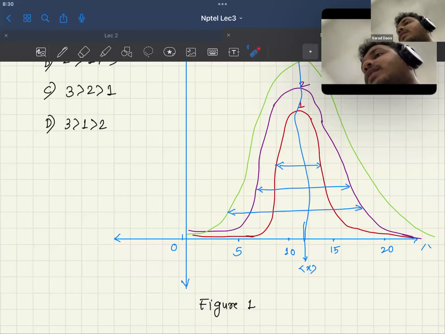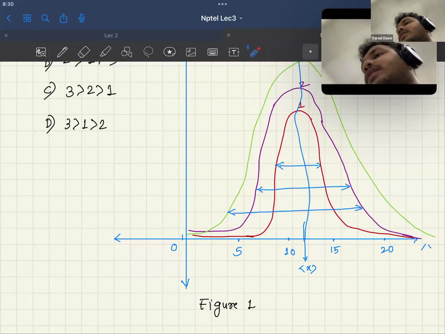The second point is that the width of the curve changes with its order, with the following order: width of curve 3 greater than width of curve 2 greater than width of curve 1. This is very visually clear, right?